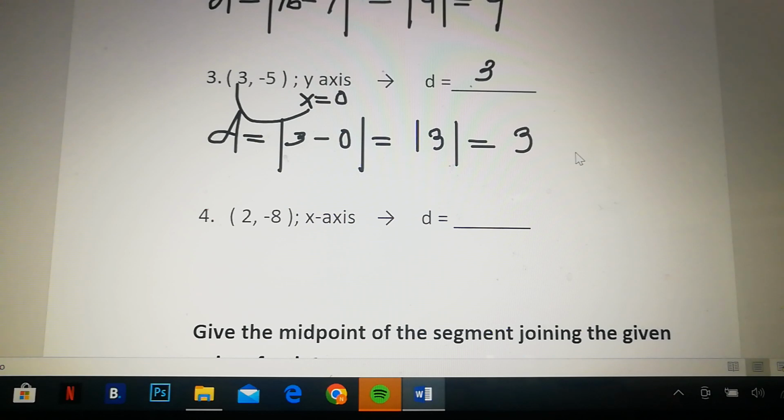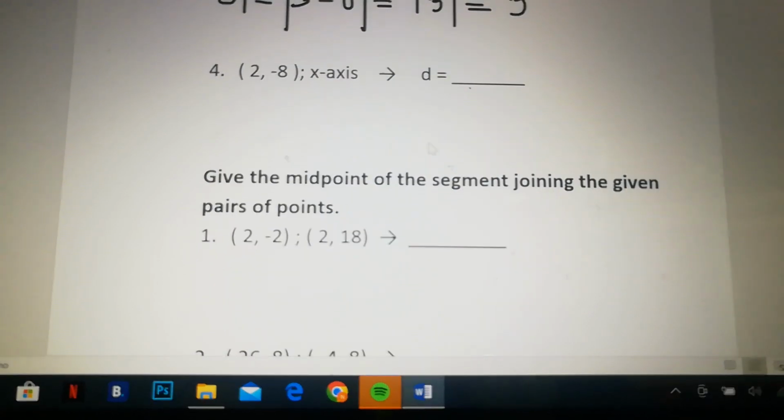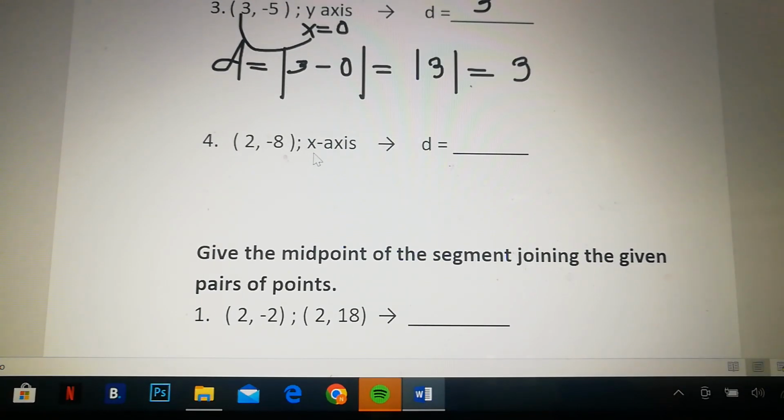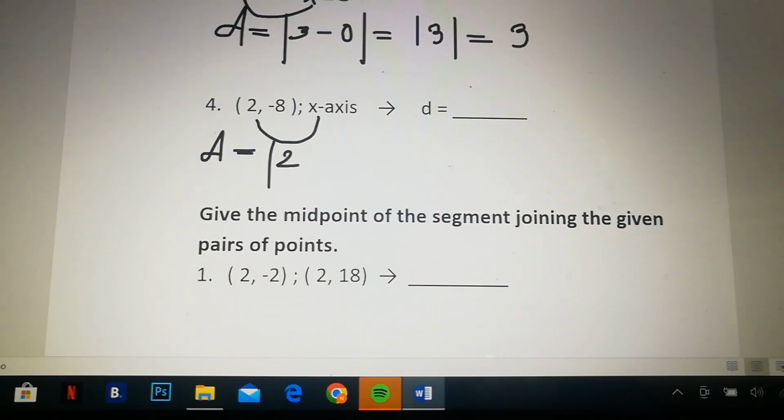Okay, so next is number 4, x-axis. The x-axis is simply your y equal to 0.